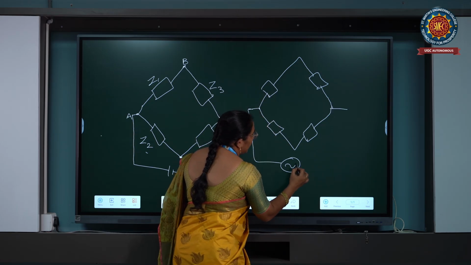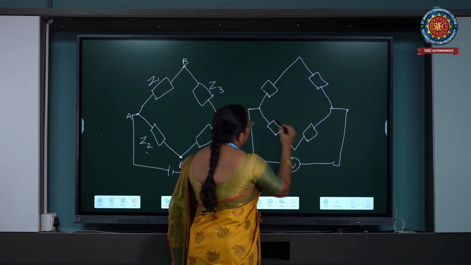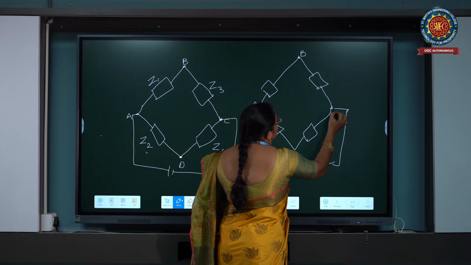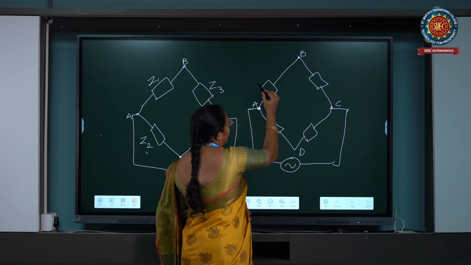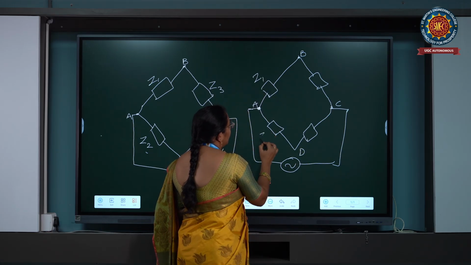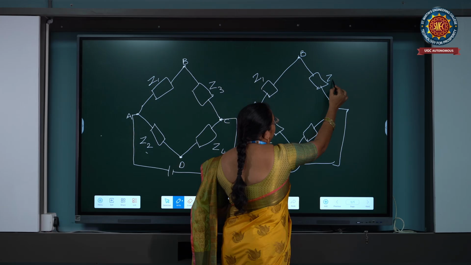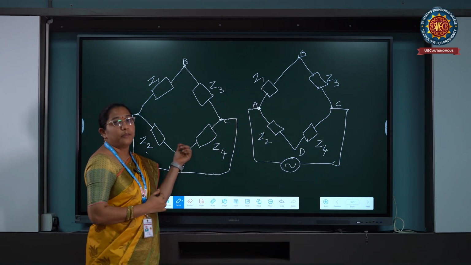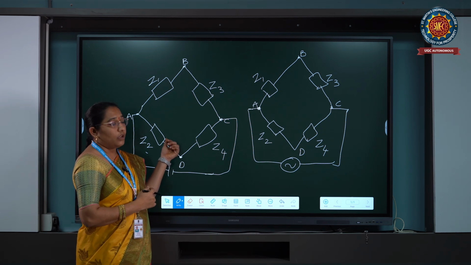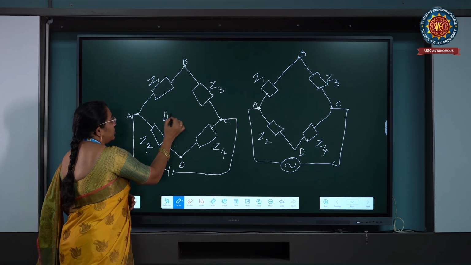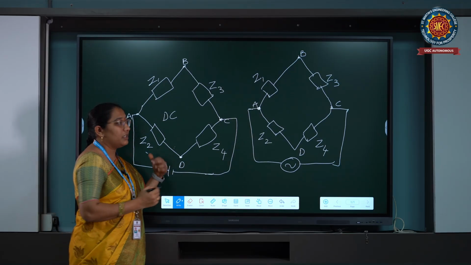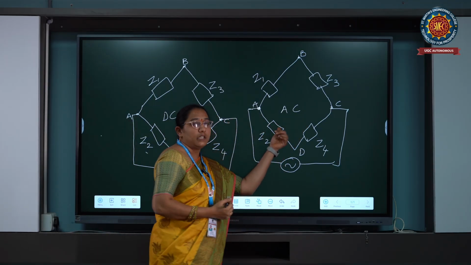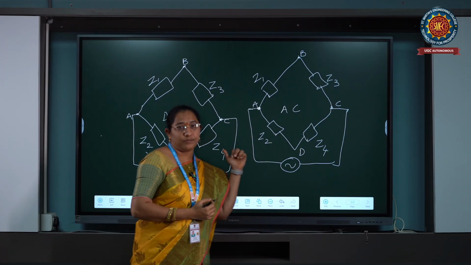That one is like this. Here also we have 4 nodes A, B, C, D and impedances Z1, Z2, Z3 and Z4. This is the basic diagram for the DC bridge, meaning direct current bridge, and this is the basic diagram for the AC bridge, meaning alternating current bridge.